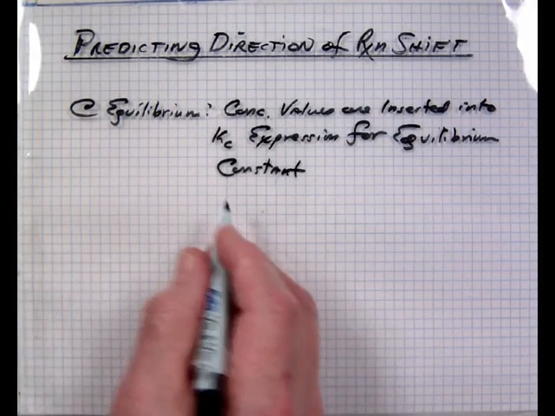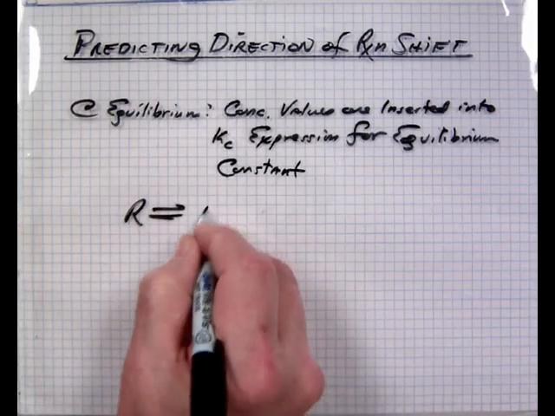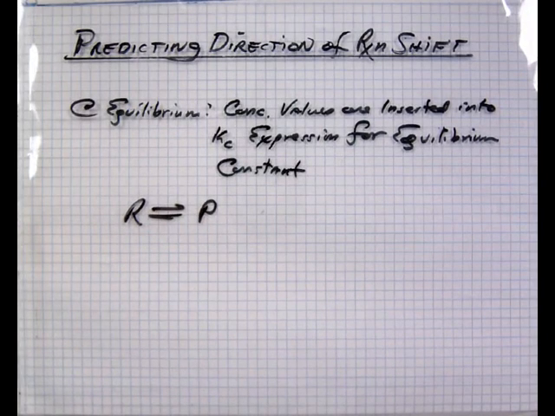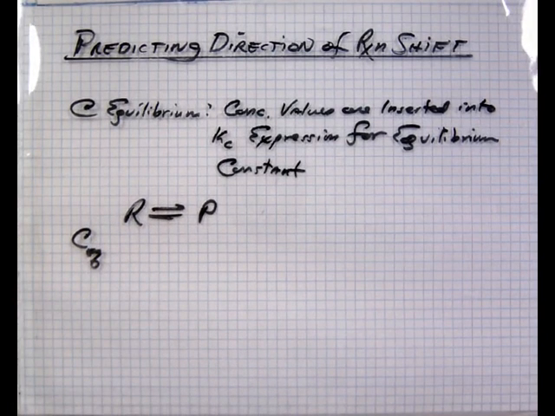So let's assume the following reaction. Reactants at equilibrium with products. And at equilibrium, we've already gone through the initial, the change, and the concentration at equilibrium. We don't need a table because the problem is giving you the values at equilibrium. Now, I'm going to leave off units, and this is just a generic illustration so that you can see how what I'm trying to tell you works.